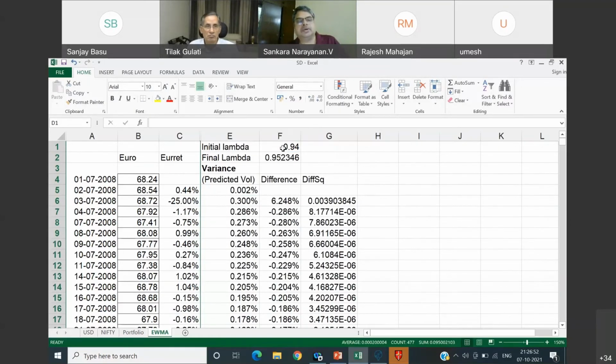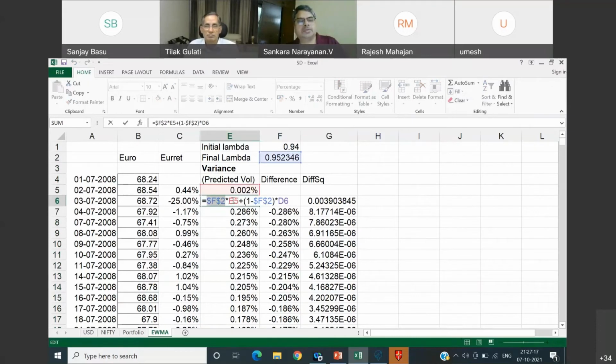Okay. So lambda captures your belief, the strength of your belief, how strongly you believe that past volatility will continue in the future. So here, you are not 100% sure that past volatility will continue in the future. You are 94% sure. So with 94% probability, you presume that yesterday's volatility will continue tomorrow as well.